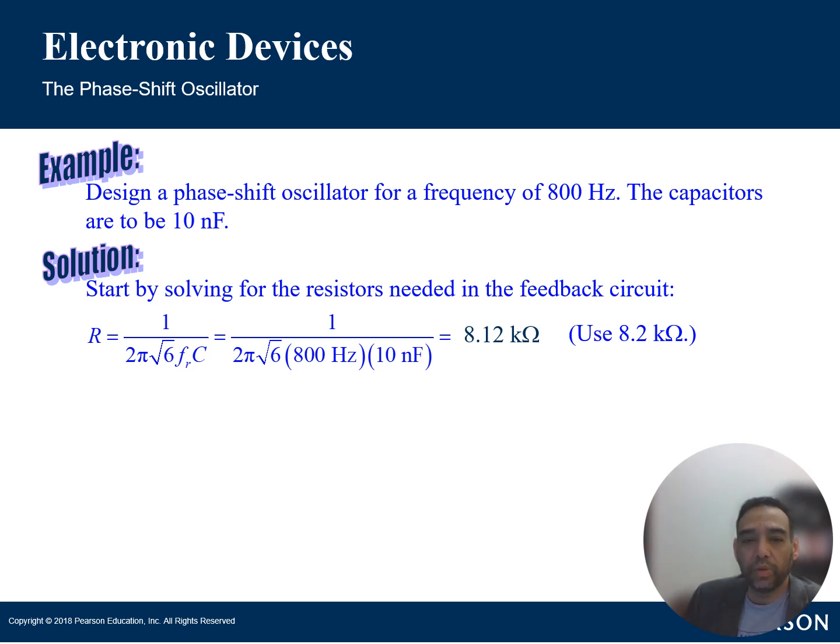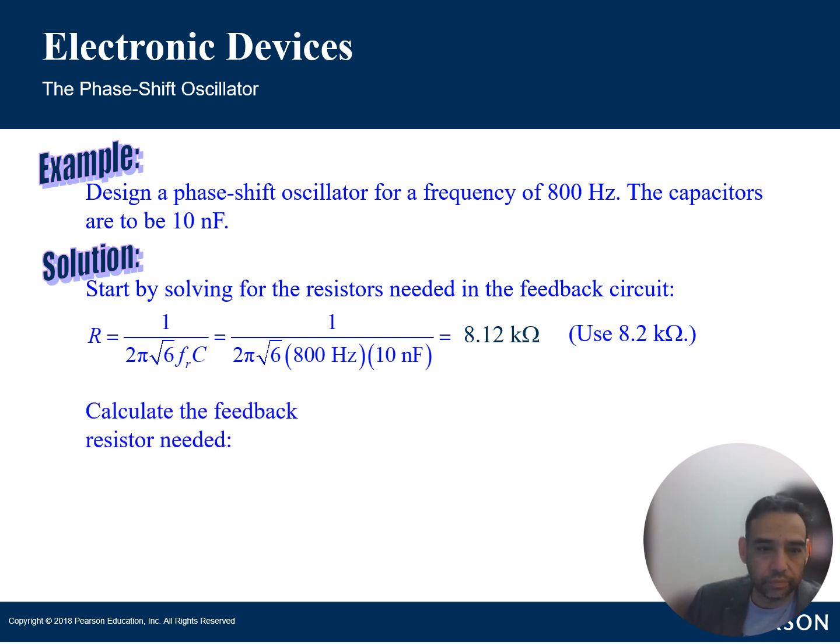Yeah, so we end up with 8.12 kilo ohms, or we can round up to 8.2 kilo ohms, since 8.2 is a standard value for resistors. It says calculate the feedback resistor needed. So RF, since it has to be 29 times R, is going to be 238 kilo ohms.